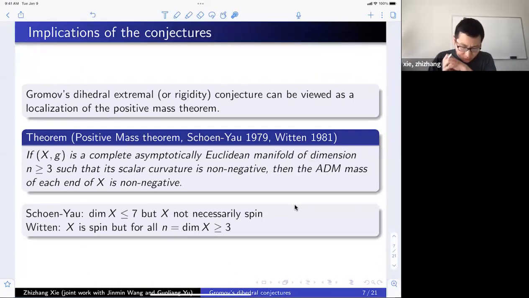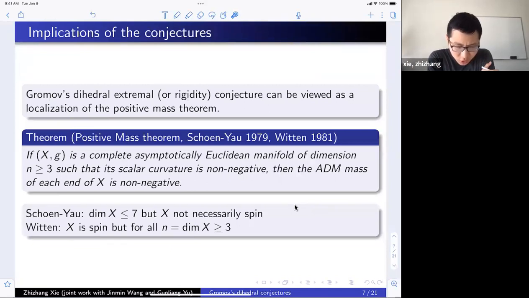Okay, so let me talk about why these two conjectures matter. Of course, these conjectures are already very interesting, but are there even some applications of them? For example, here's one, just to motivate us a little further.